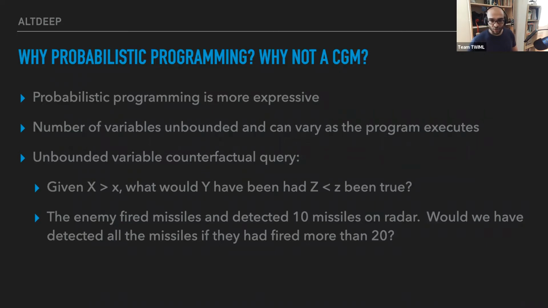Let's assume that the enemy fired 10 missiles and you detected all 10 of them. The question is now, would we have detected all of the missiles if they had fired more than 20? So now you need an open-ended number of missiles with a lower bound.